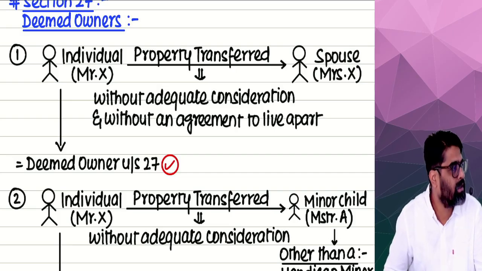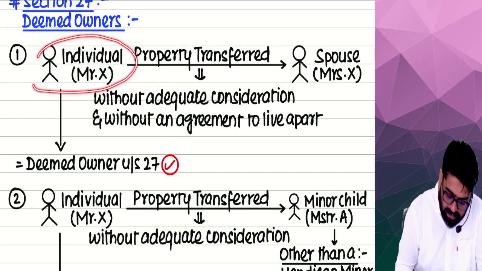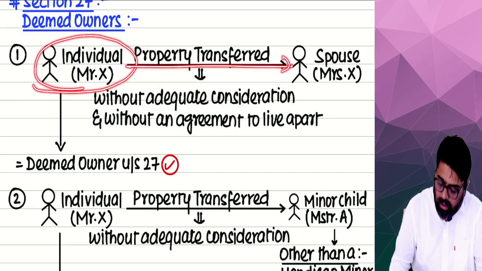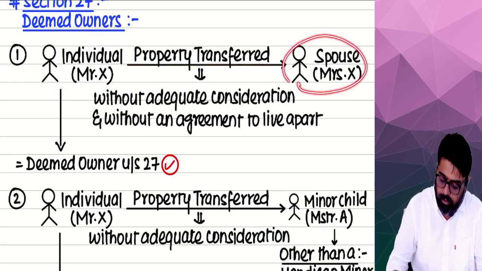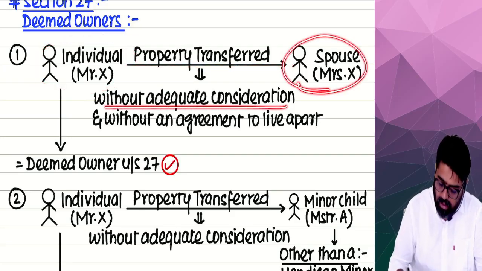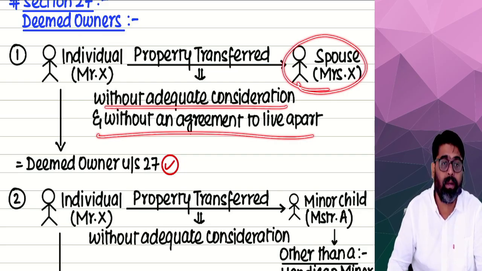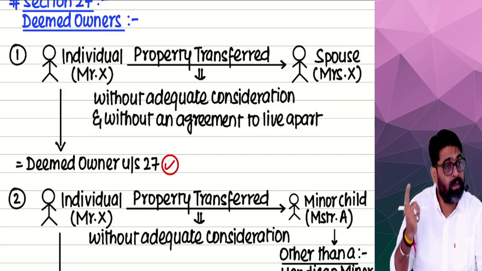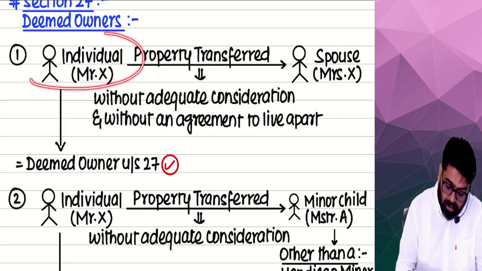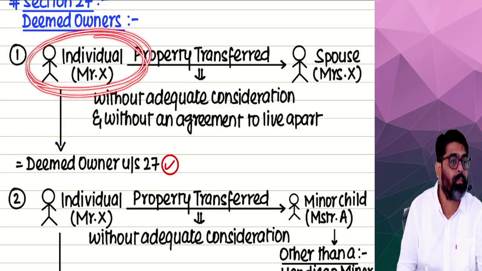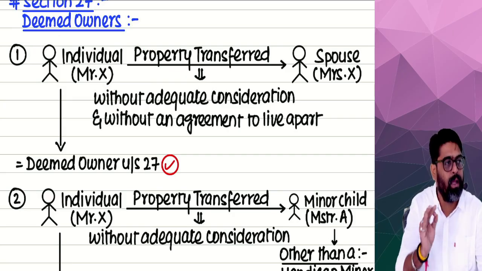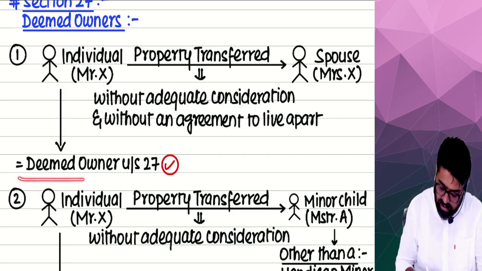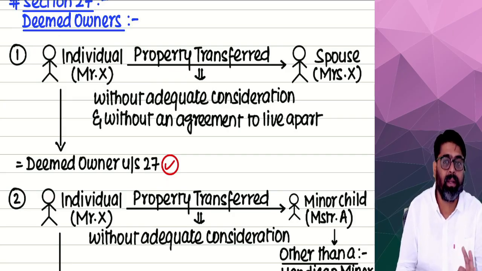In the first transaction, what is happening? If there is an individual who has transferred his property to his spouse without taking adequate consideration, then in this case, the transferor individual, even if he is not the legal owner of the property, as per section 27, will be deemed as the owner of the property.